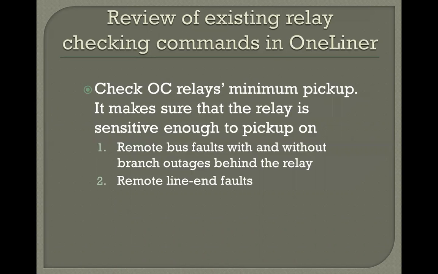The first one I want to mention is the command that checks the overcurrent minimum pickup. The purpose is to make sure that the relay is sensitive enough to pick up on, first, a remote bus fault with and without branch outages that are behind the relay. And secondly, that the relay will trip on remote line end faults.